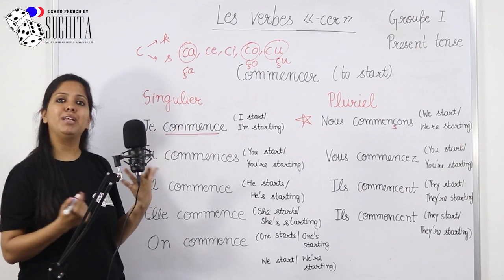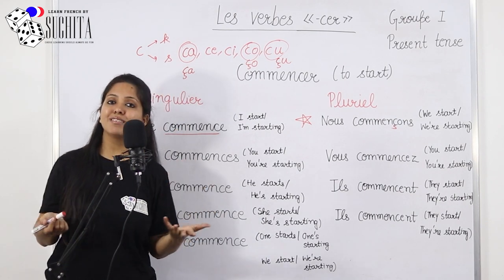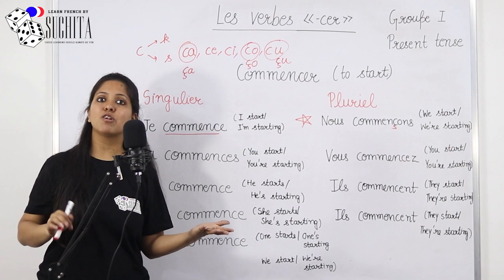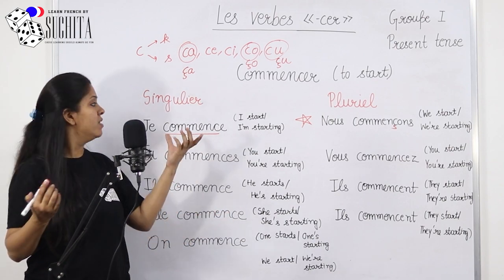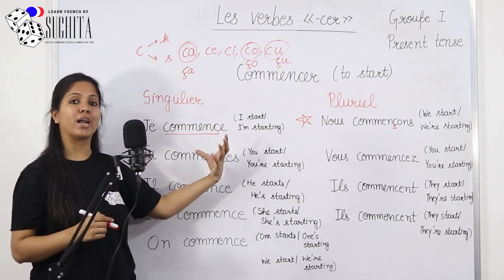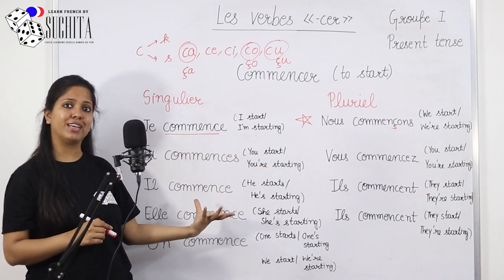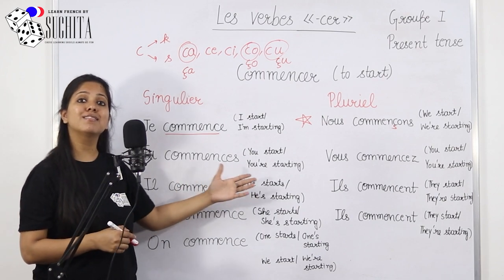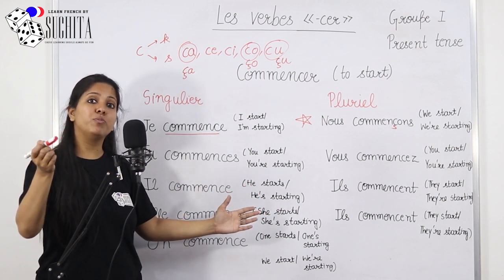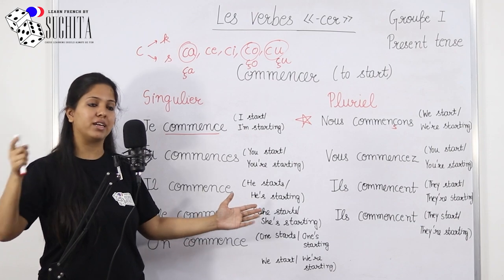Now, the meaning in English, as you already know, the present tense is simple present tense and also present continuous tense. So, je commence, I start or I am starting. Tu commences, you start or you are starting. Il commence, he starts or he is starting, or it can also mean it starts or it is starting.